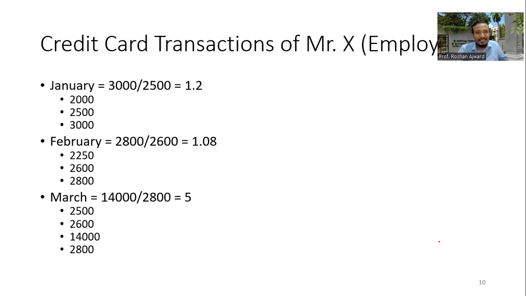So in January, the wife did 3 transactions to buy groceries: 2,000, 2,500, 3,000. Okay, 3 transactions. This is in 1990.